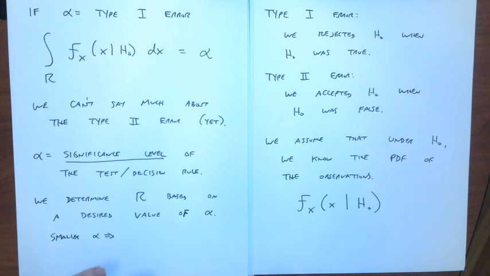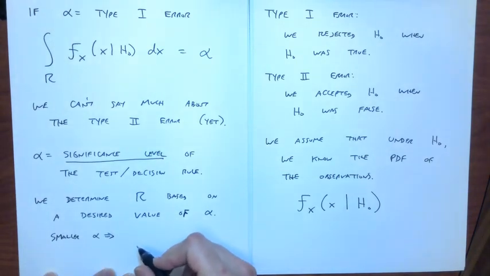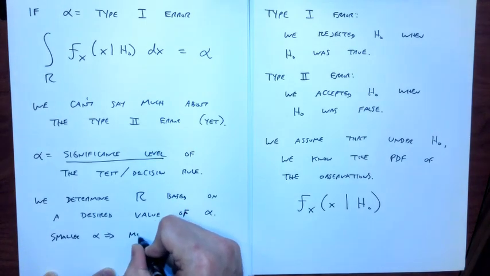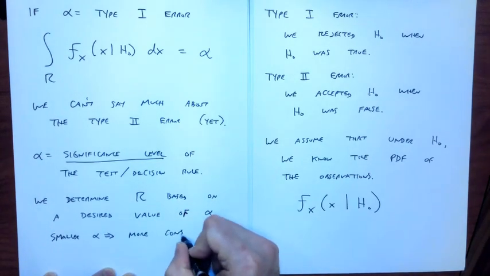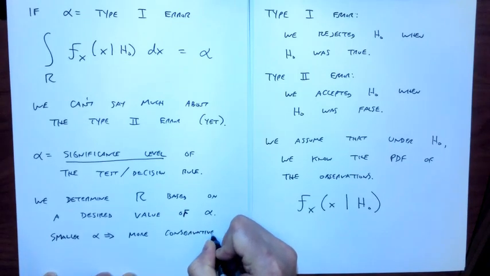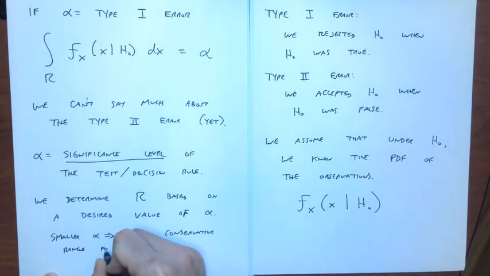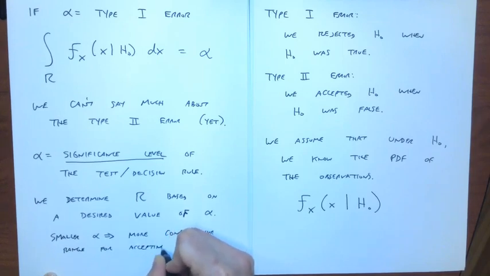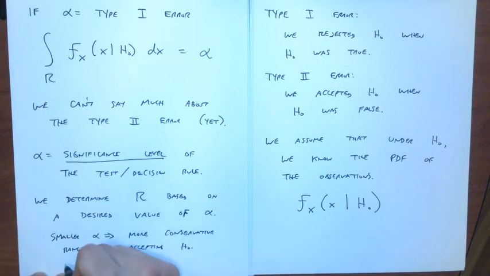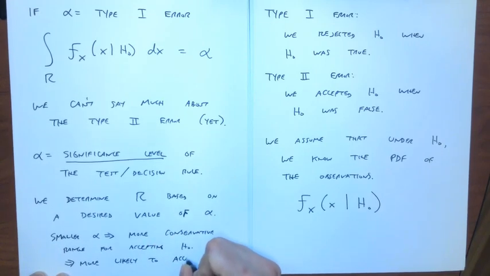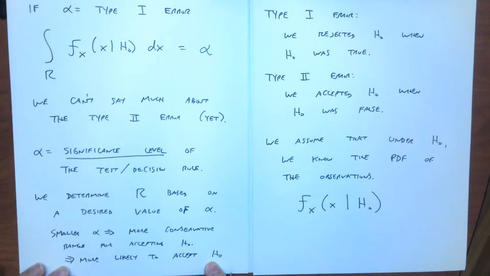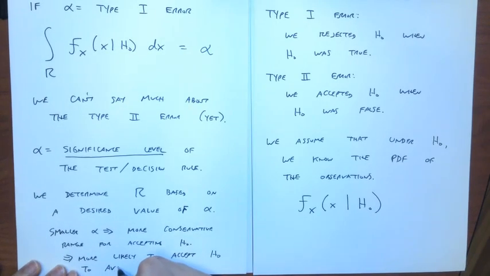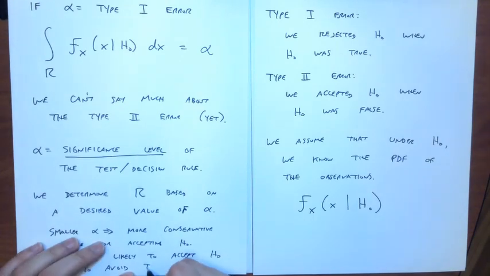And so that means a smaller alpha leads to a more conservative range of values for accepting H0. That means I'm more likely to accept H0 to avoid what we're going to later call false alarms, or type 1 errors, type 1 mistakes.